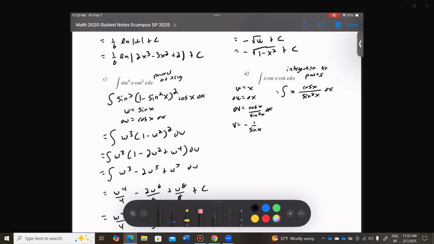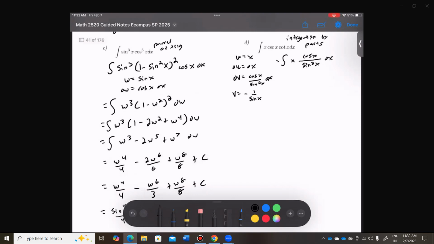And so we can write this now. Negative, by uv, so x over sine of x, uv minus integral of negative 1 over sine x dx.